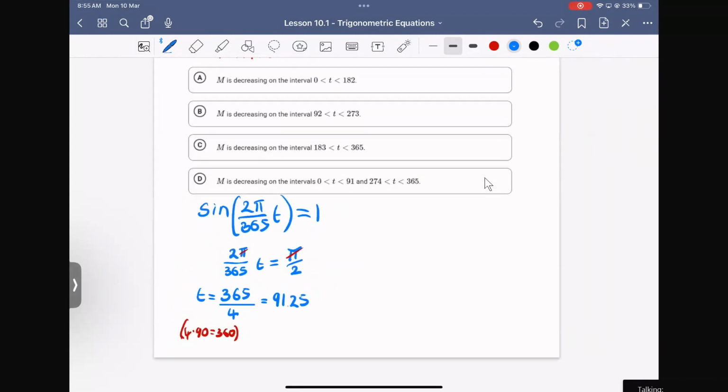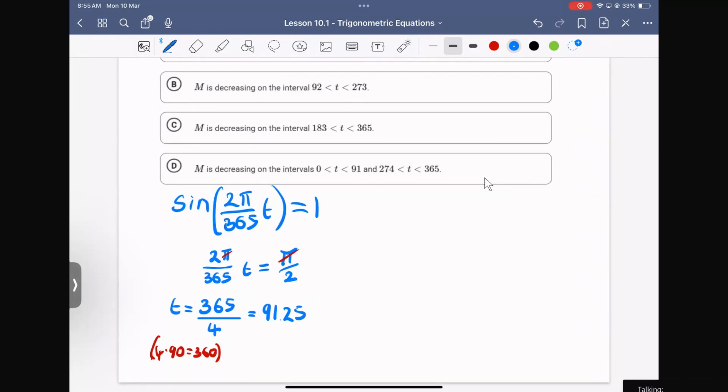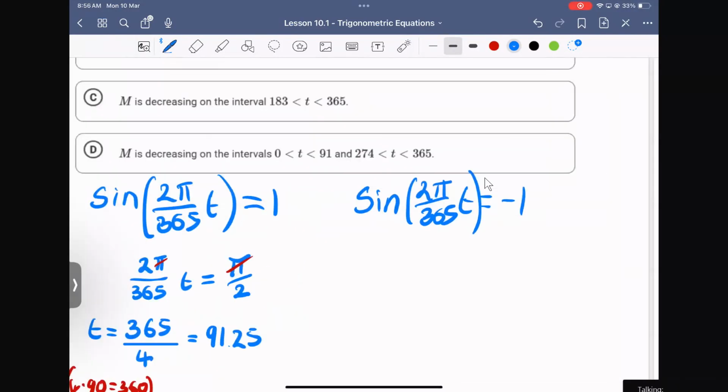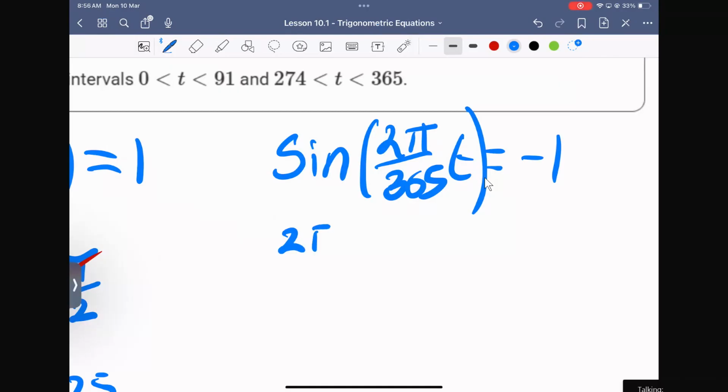So I can see it's going to be around one of the two. I've limited it down to 2, but I also need to consider when my minimum is going to be. So I'm going to need to do the same type of thing here and find my minimum value at minus 1. So my minimum value is going to be when we have 3 pi over 2. So I get 2 pi over 365 t is equal to 3 pi over 2.